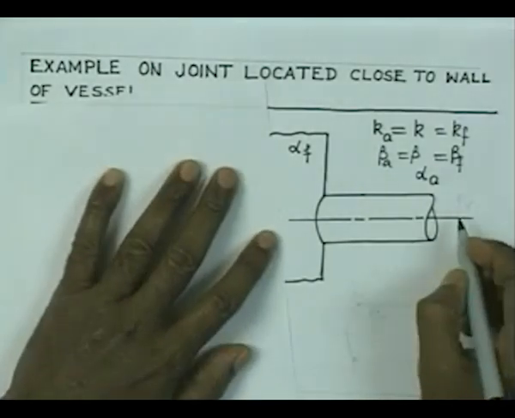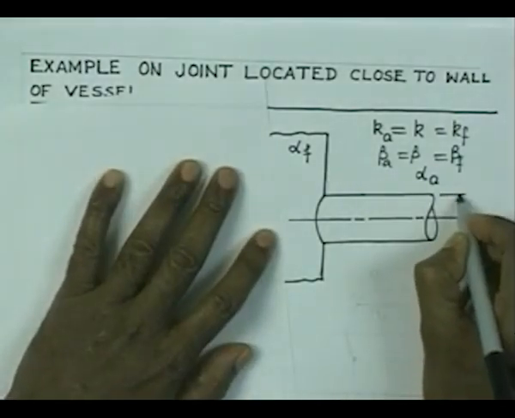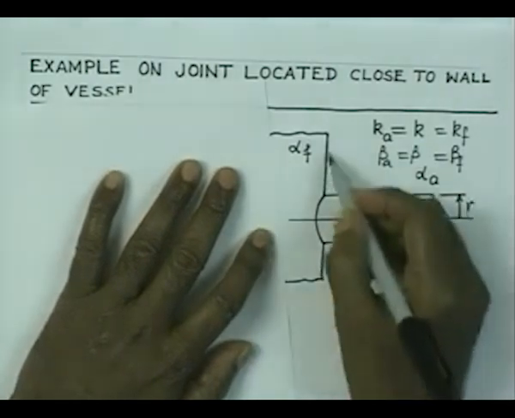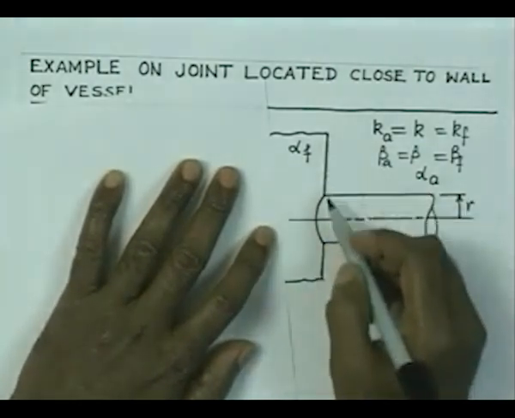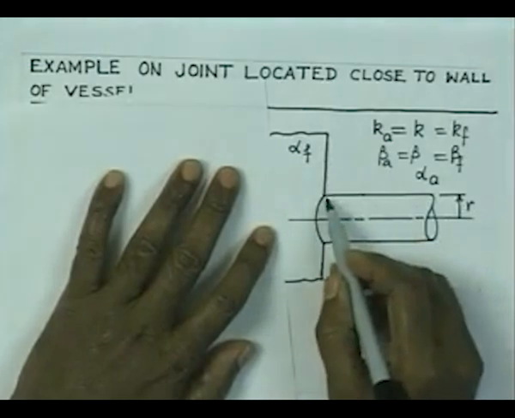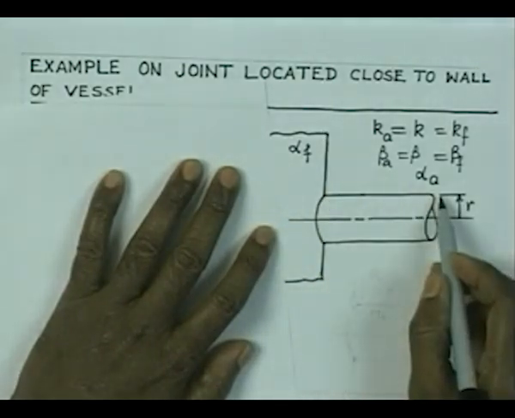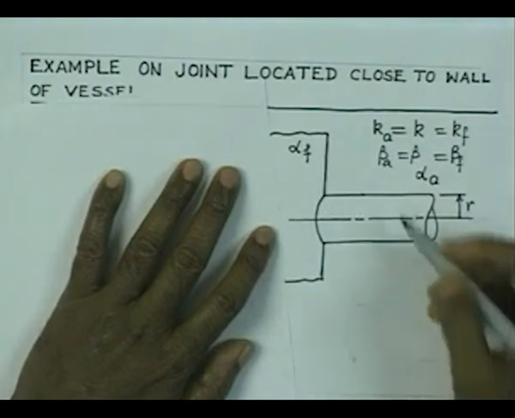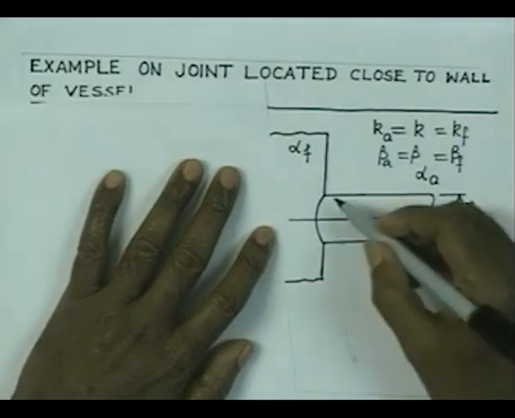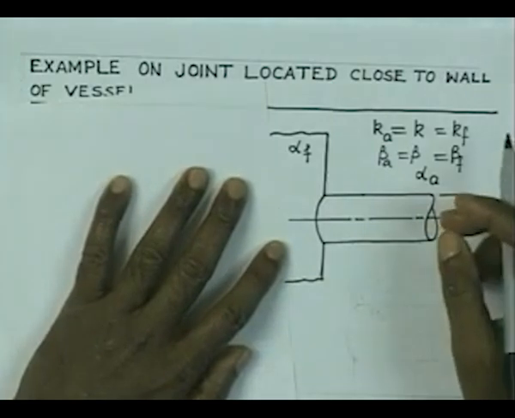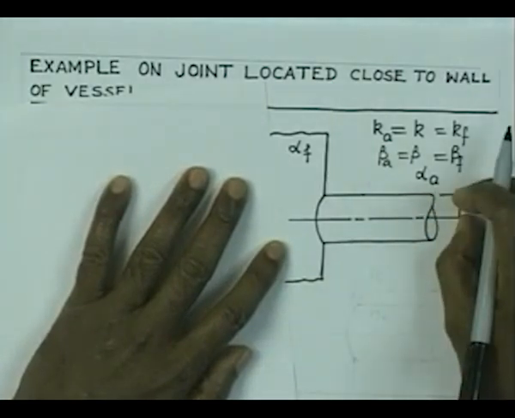When we consider that the vessel is operating at an elevated temperature, the vessel is also expanding in this direction and this is expanding in this direction. In fact, the expansion of this is really not going to be that much compared to that of the pipe.